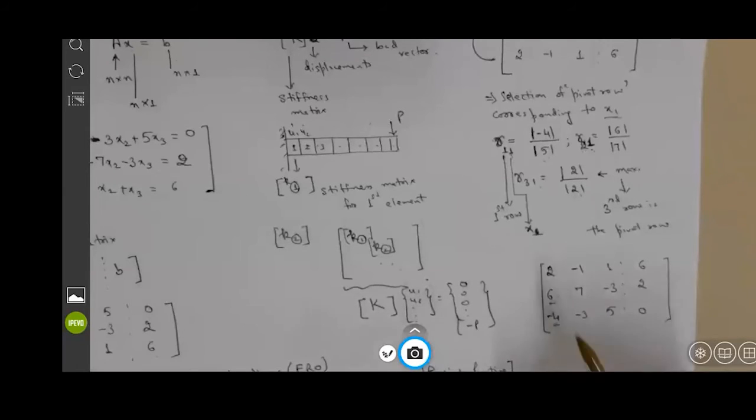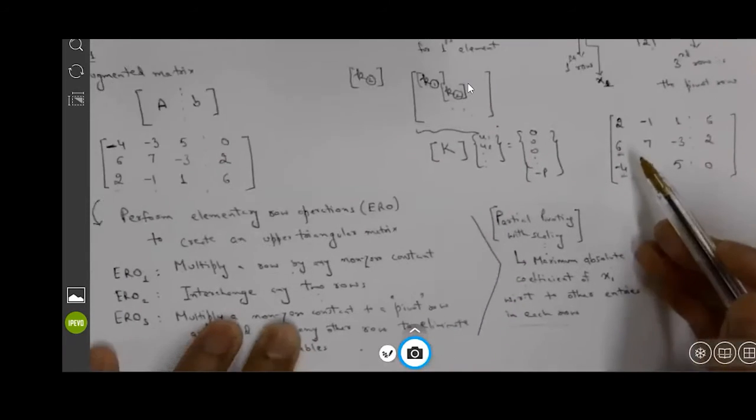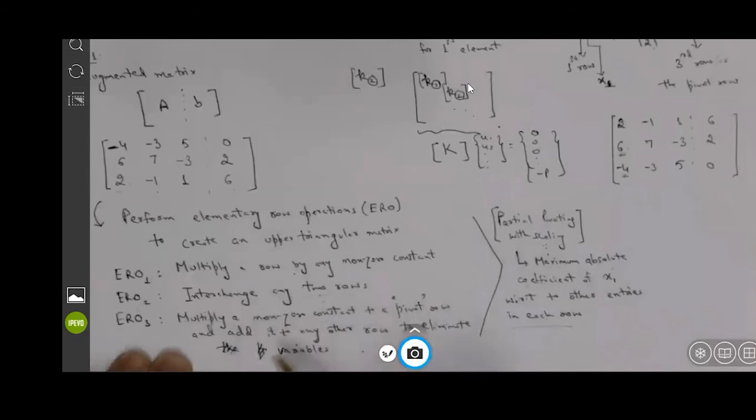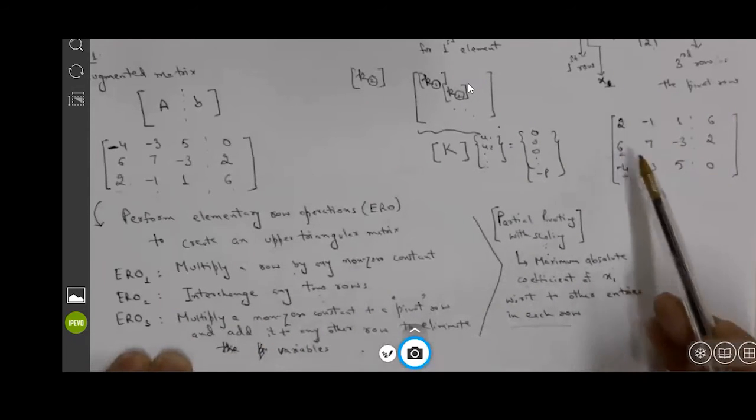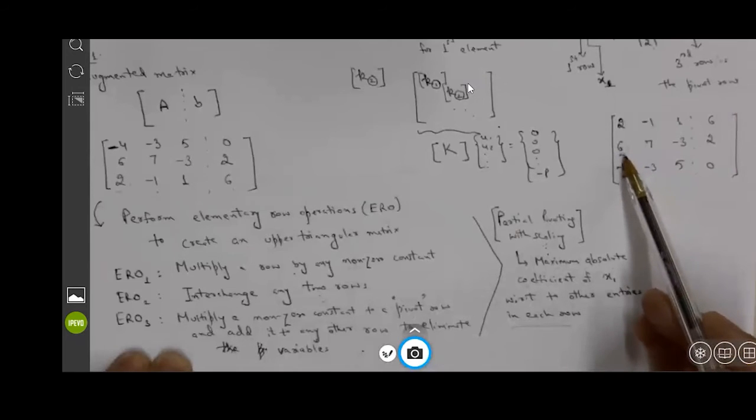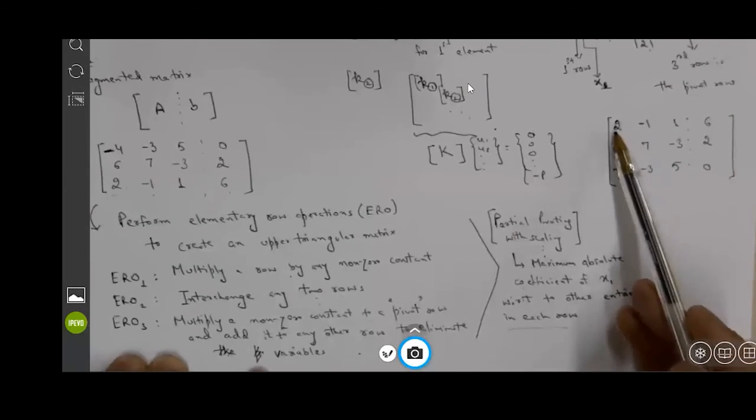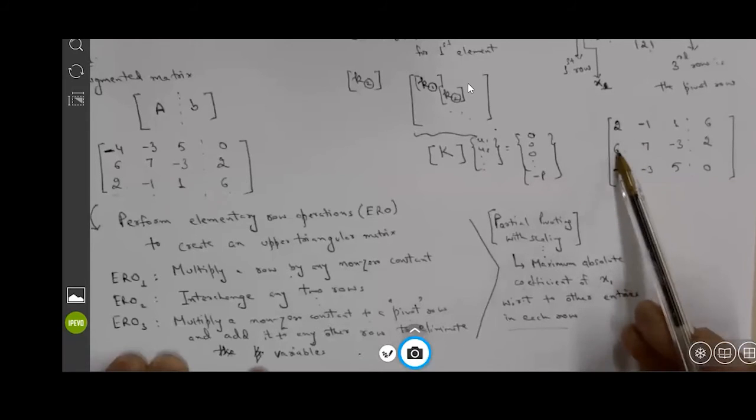Yes, sir. Can you help me find the steps to eliminate this 6 here using my elementary row operations? Could we add the first row times -3? Yes, if you multiply the first row by -3 and add it to this row, what do you get?